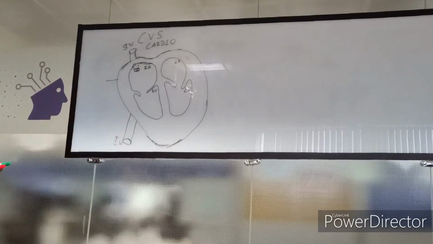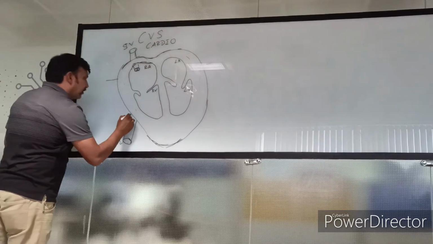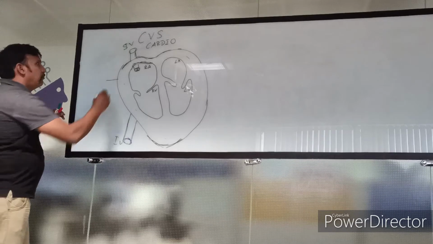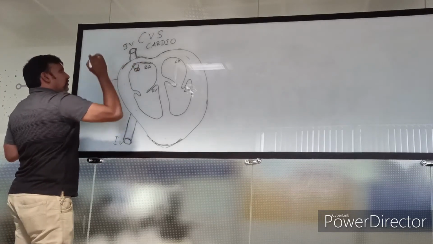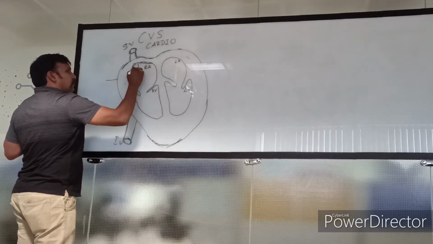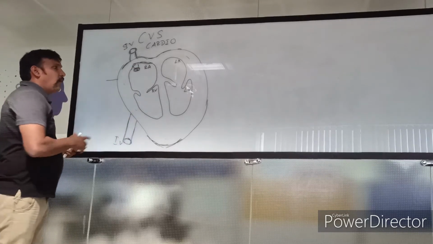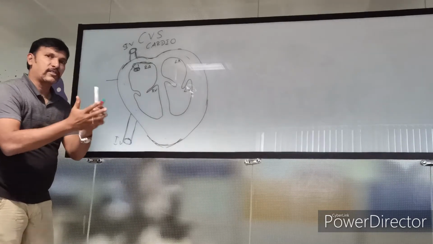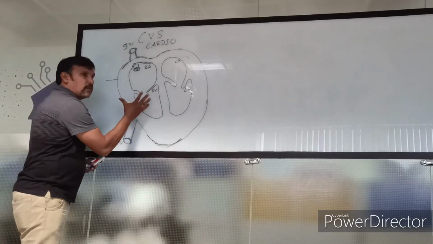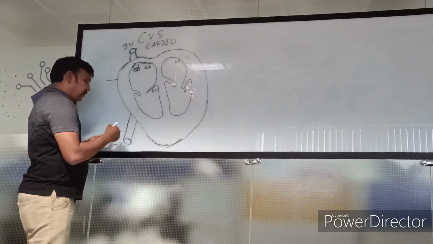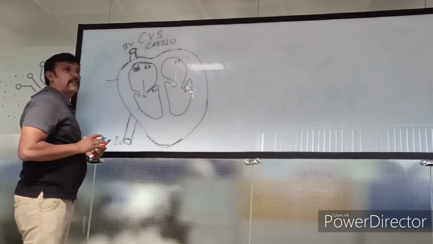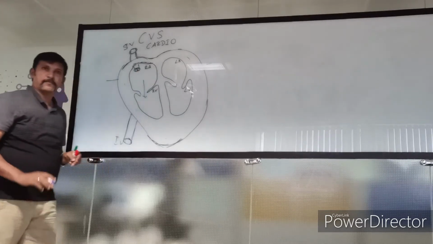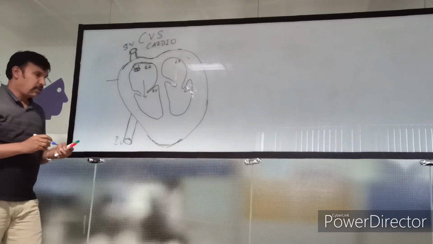For our understanding, let us color all the deoxygenated blood blue. Now, when the heart relaxes, I told you systole is contraction, diastole is relaxation, the valves will open and the blood will enter from the right atrium to the right ventricle. Clear? It happened.